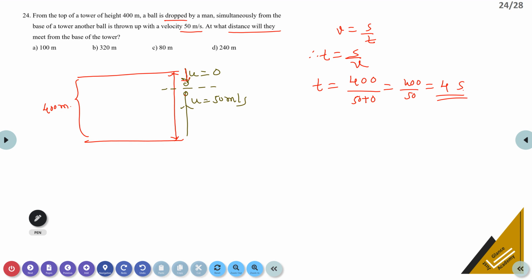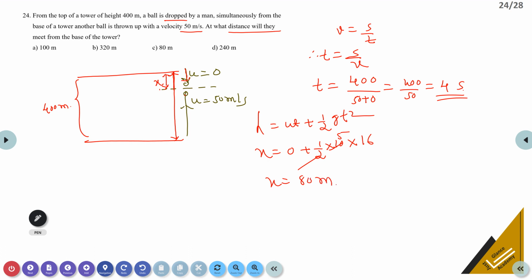Now, for the freely falling body, h equal to ut plus half gt square. Both will meet at this point. From the top, this distance X equal to 0 plus 1 by 2 into 10 into 16. So X equal to 80 meter.